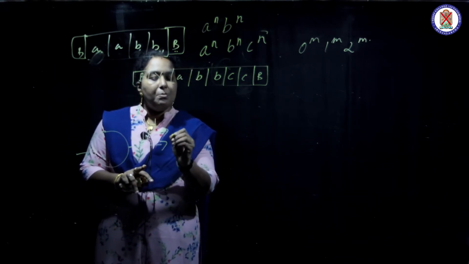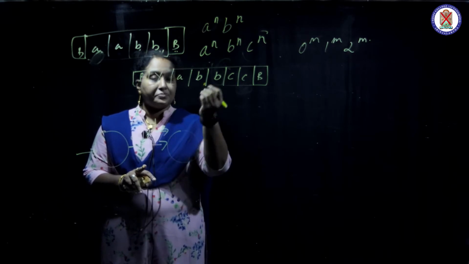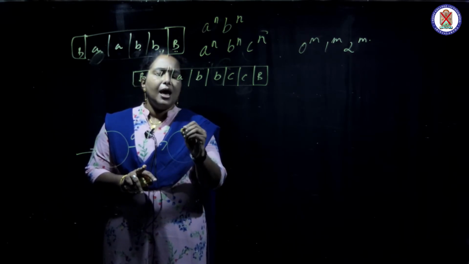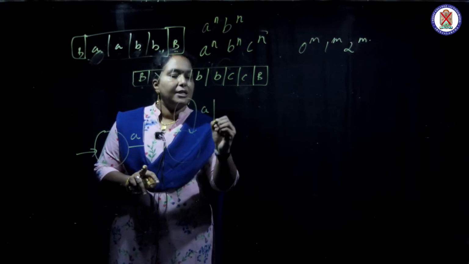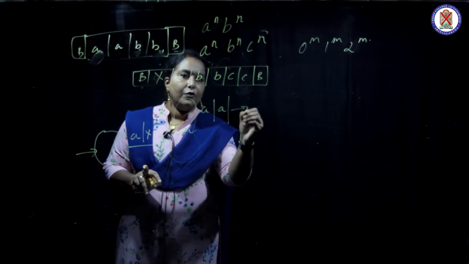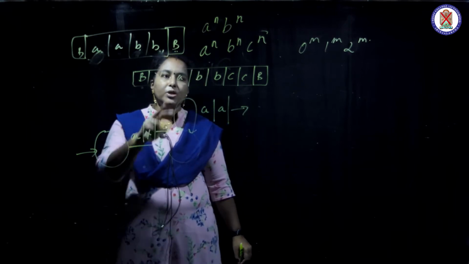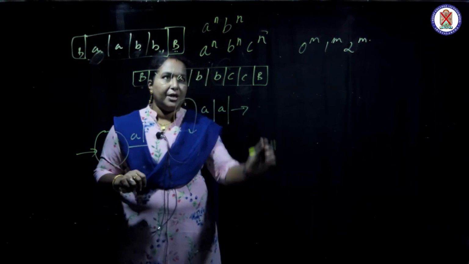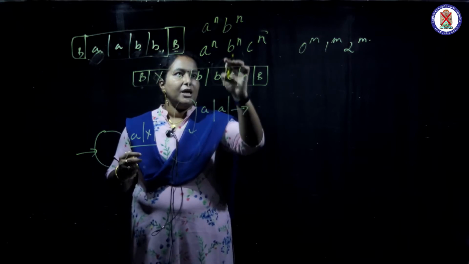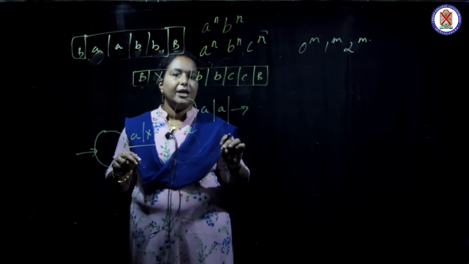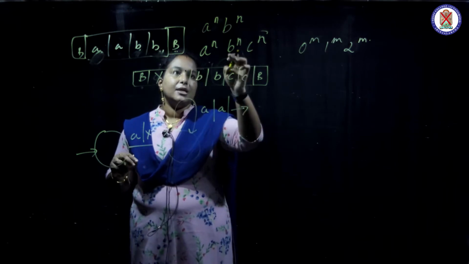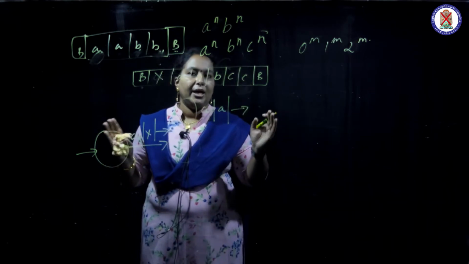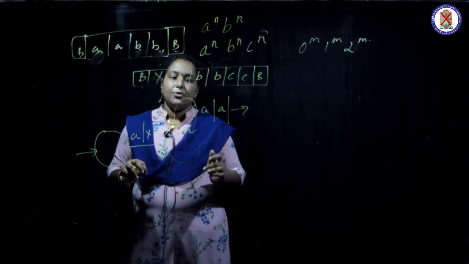Next, when I see a, I have to bypass it: I keep it as a and move forward, because I have to take the next b. So a is matched with the next b and then c. For every a there must be one b and one c, or we can say for every b there will be one a and c, likewise for c also.